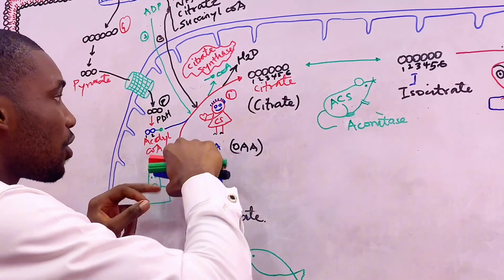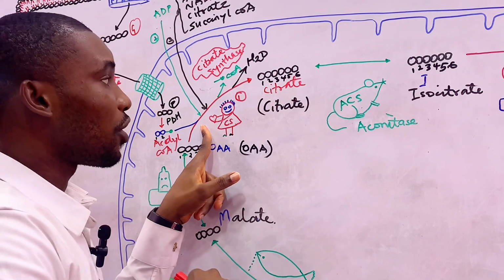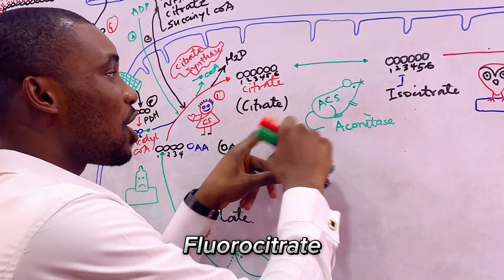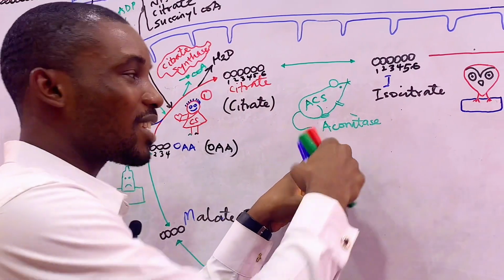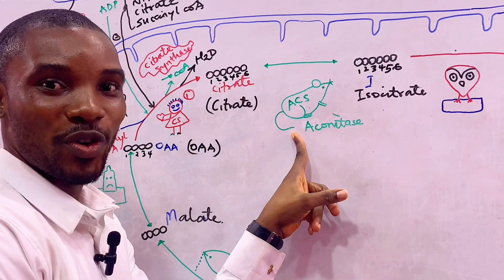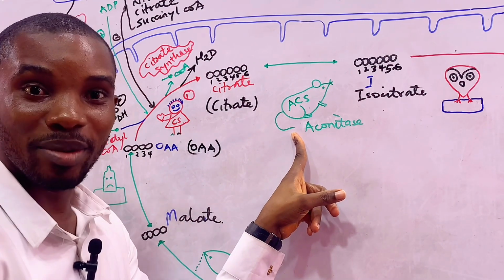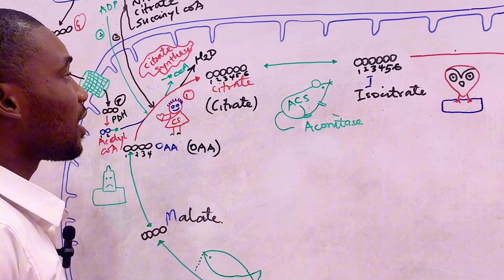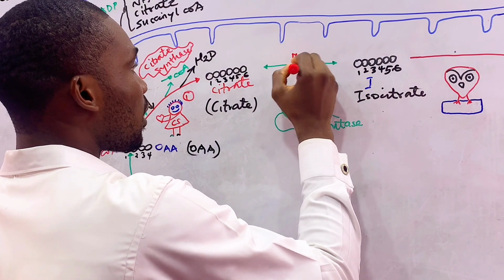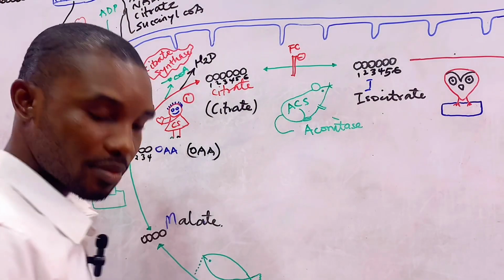The fluoroacetyl-CoA would undergo the same reaction as the normal acetyl-CoA and then form fluorocitrate. And the fluorocitrate would now bind to this enzyme. This enzyme will think, oh, this is my normal citrate, right? Then it binds to fluorocitrate, and the fluorocitrate holds it bound, inhibiting the enzyme. Okay. So that's one inhibitor of this reaction. That's our fluorocitrate.